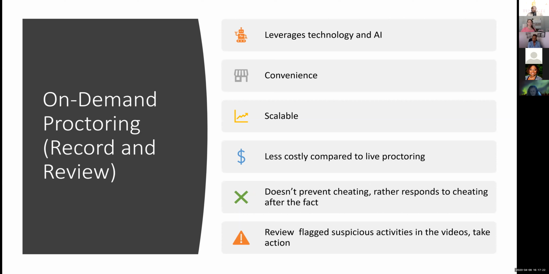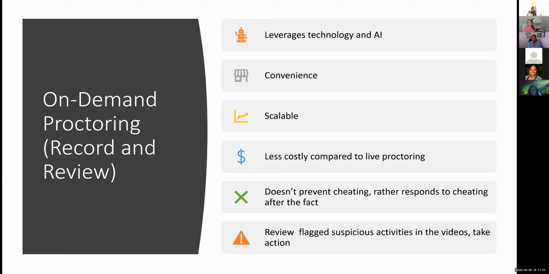It is convenient, scalable, less costly compared to live proctoring, because it relies on computer software and artificial intelligence. Now, some drawbacks of the on-demand are that critics say it doesn't prevent cheating, rather it responds to cheating after the fact.